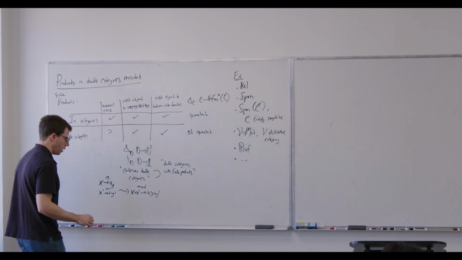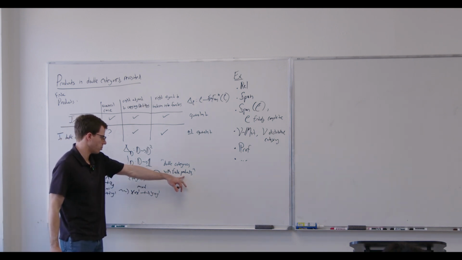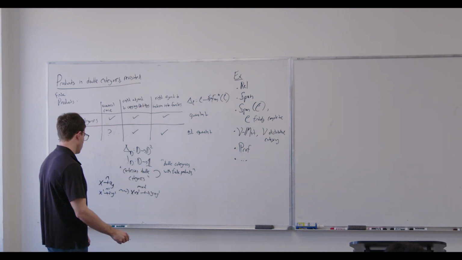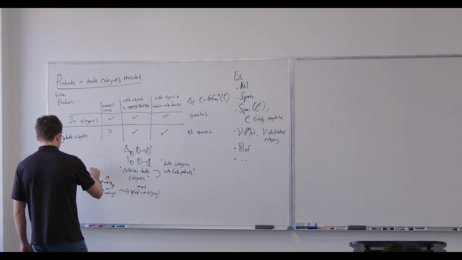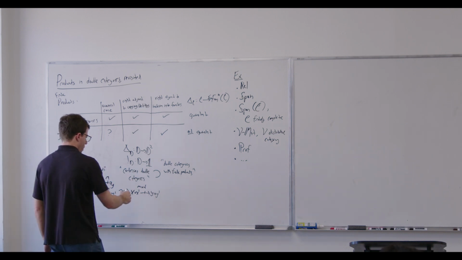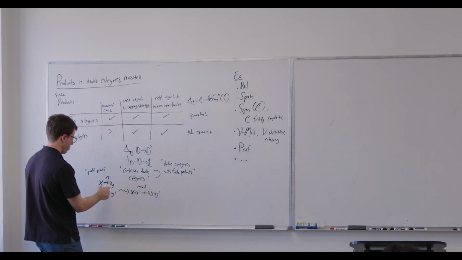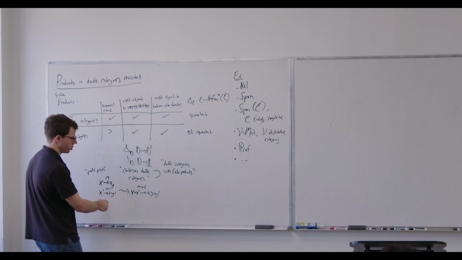And so you can also form these types of products in a double category with finite products, but you can form some other things as well. You can also do, so I'll call these parallel products. In a generic Cartesian double category, this is the only kind of product you're allowed to form. If you have some extra structure, you can do more stuff.